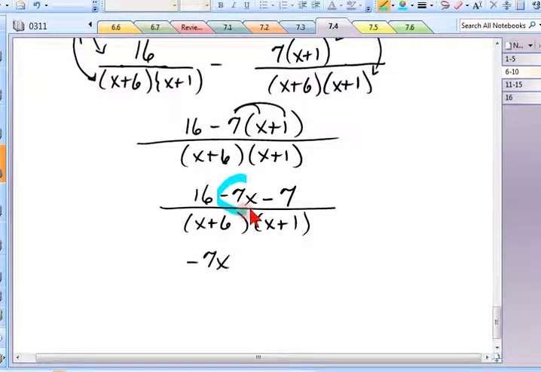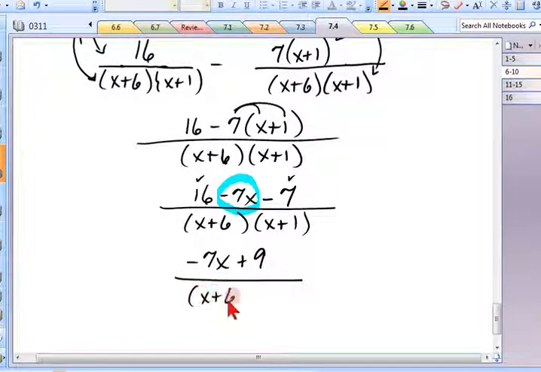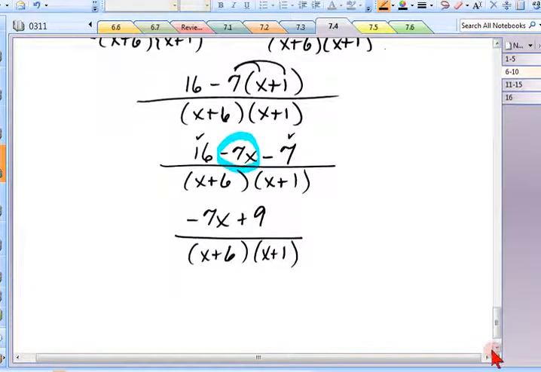Here it is. And then I'm going to combine like terms. I have a positive 16 and a negative 7, which gives me 9 over x plus 6 times x plus 1. Can I factor the numerator?